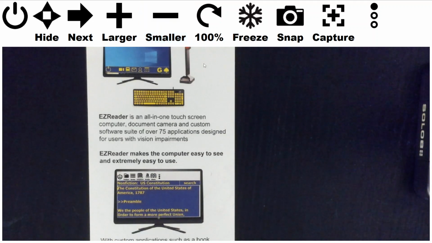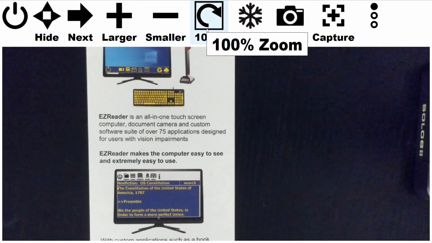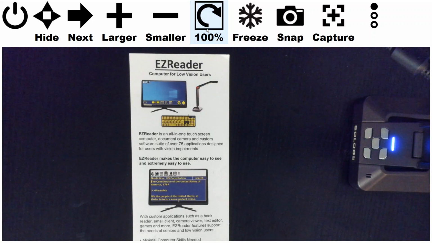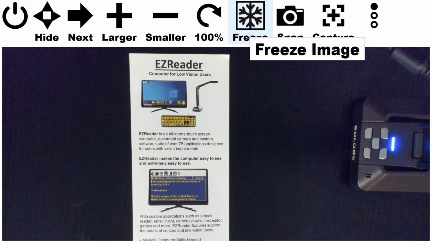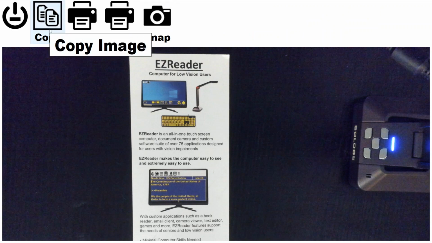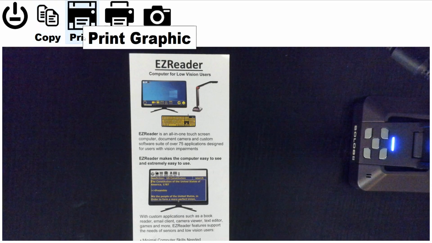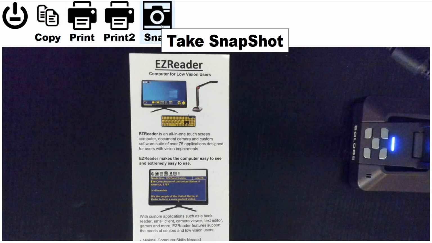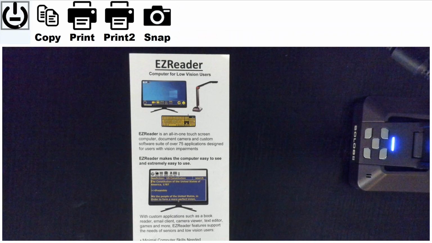The next icon will reset the image to the original zoom. The next icon will freeze your screen. This simply creates a still image that you can then copy and paste into another program, print, or take a snapshot. All right, let's click Exit to go back to the main camera display.